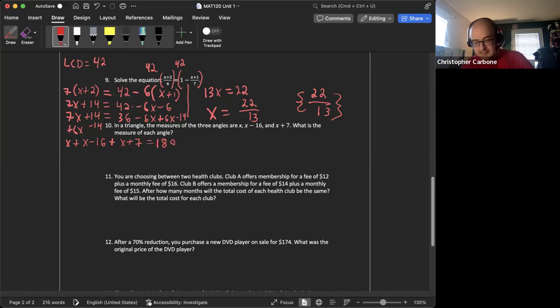Combine the three x's and the negative 16 and the 7. This makes 3x minus 9 is equal to 180. So from here, we can add the 9 to both sides.